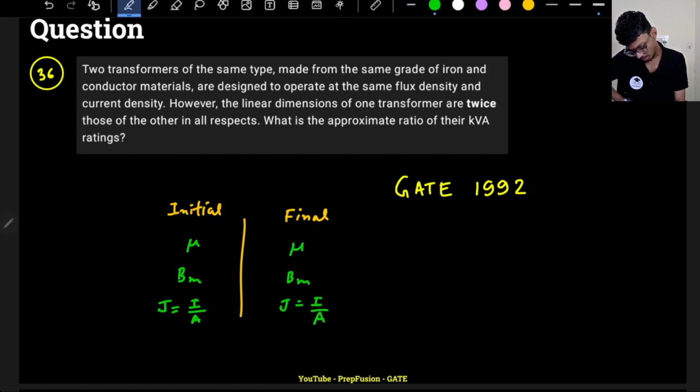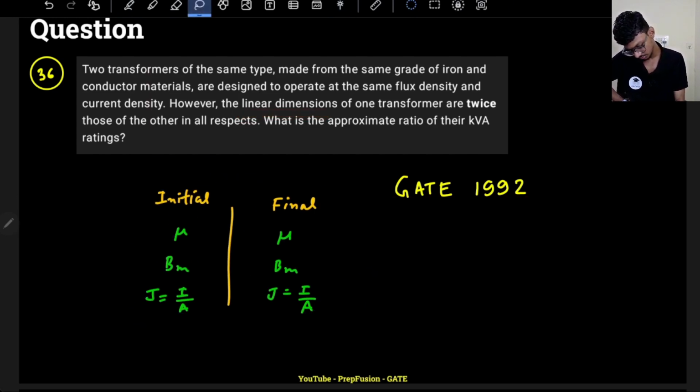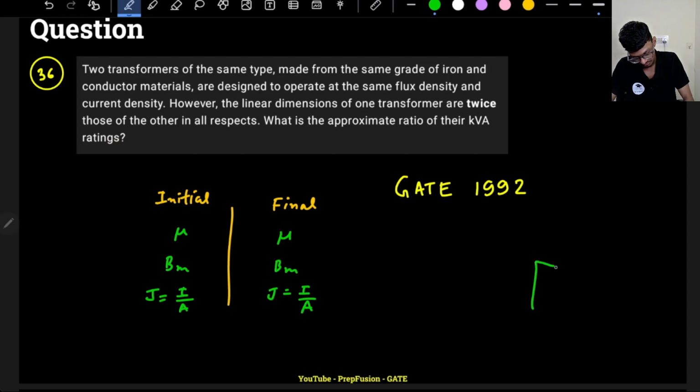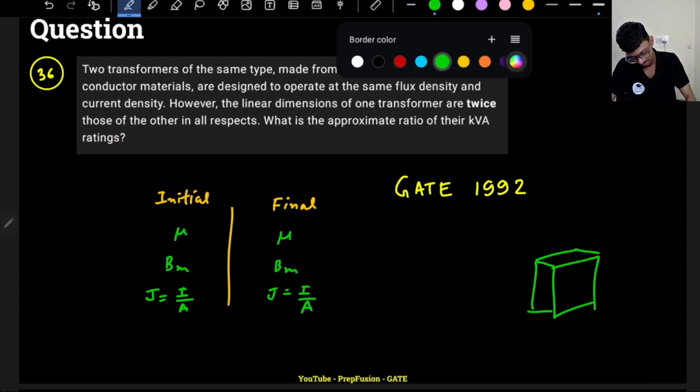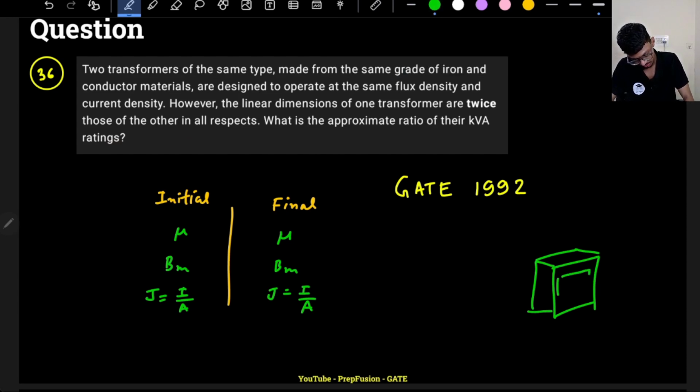However, the linear dimensions of one transformer are twice those of the other in all respects. So what do you mean by linear dimension? A transformer has this cross section basically, and the flux flows like this.